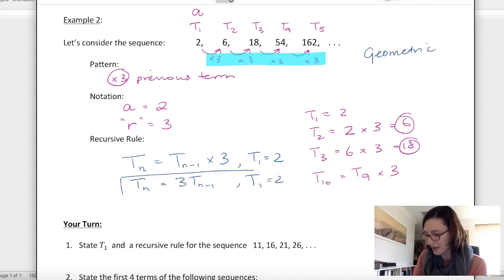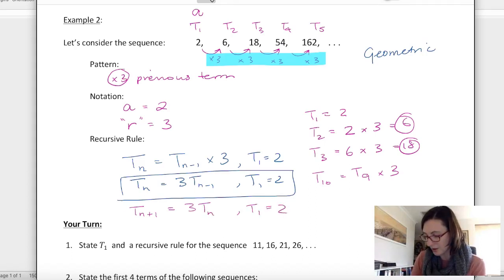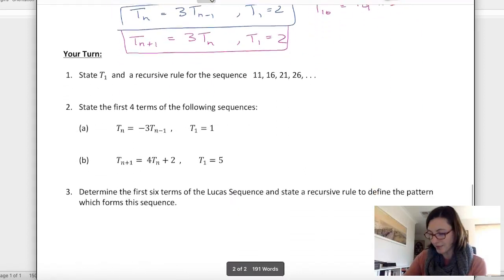And so that's a much neater recursive rule for this geometric sequence. Again, I could slightly change my notation to have Tn plus 1 out the front, which means if I'm finding that term, the previous term would just be Tn, where my first term is 2. And these represent exactly the same thing. This rule will allow me to start from the number 2 and keep multiplying to write my successive terms of this sequence.